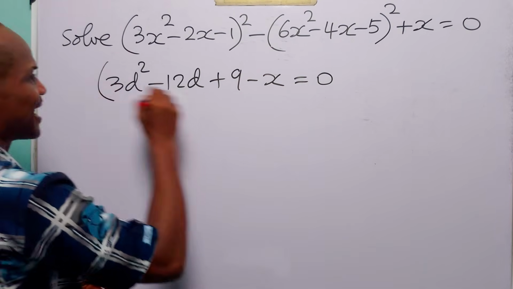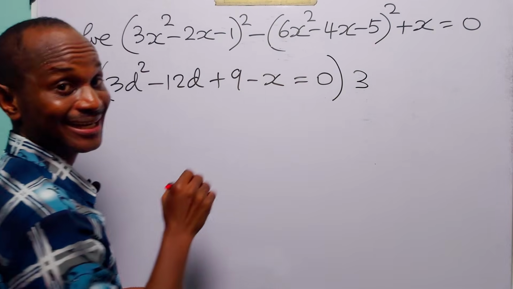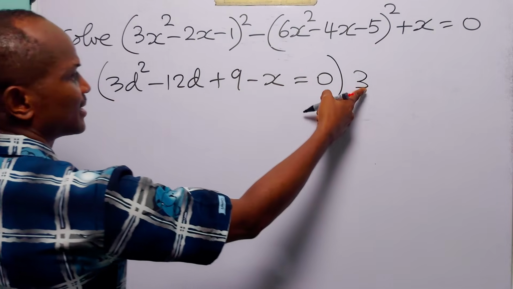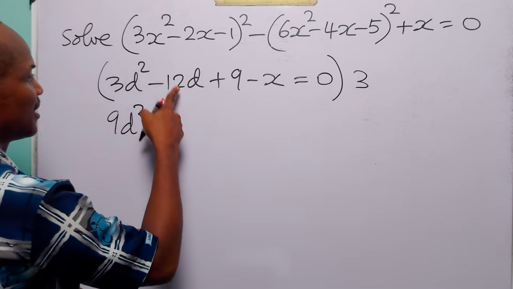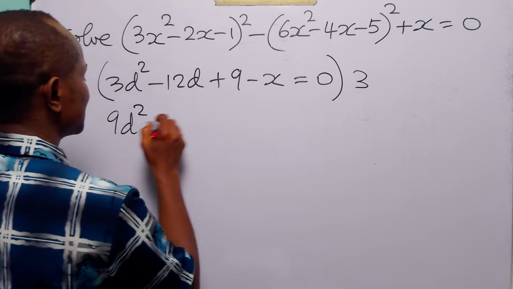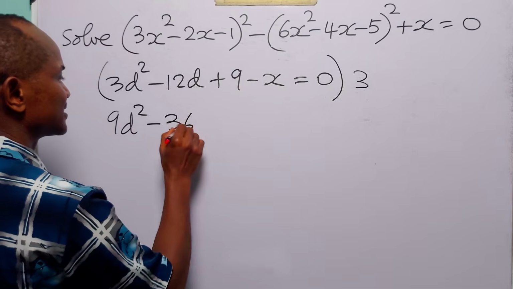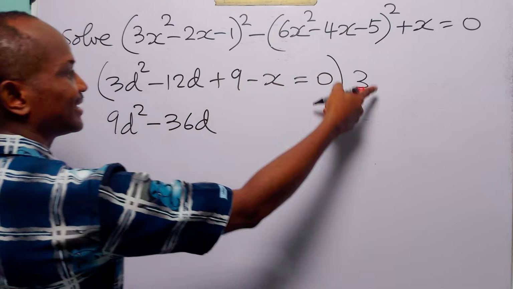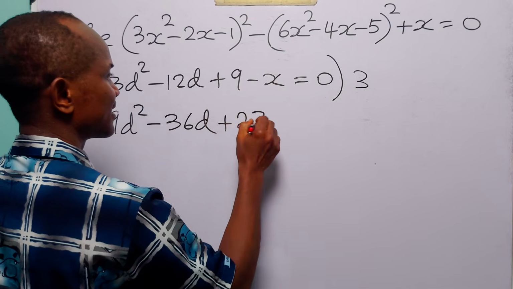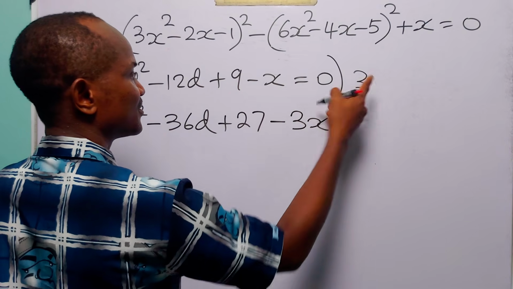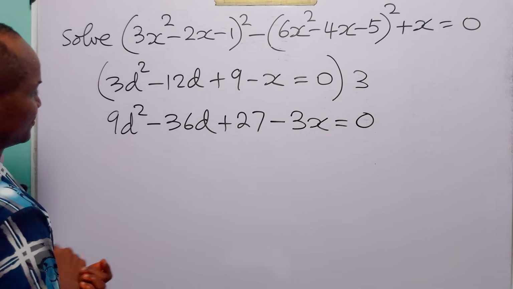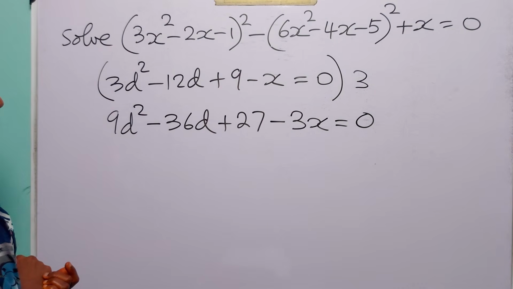Now let us multiply through this equation by 3. 3d squared times 3 is going to give us 9d squared. Minus 12d times 3 is going to give us minus 36d. 9 times 3 is 27. And of course, here we have minus 3x, and 0 times 3 is equal to 0.